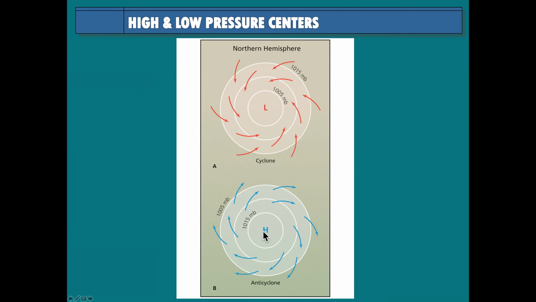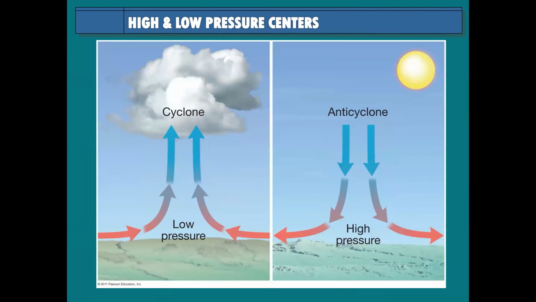And during high pressure, the winds spiral out. Looked at it, and this is looking down. Looked at it from the side, low pressure implies bad weather, clouds. It's called a cyclone. And good weather or high pressure implies air that is sinking and spreading away.